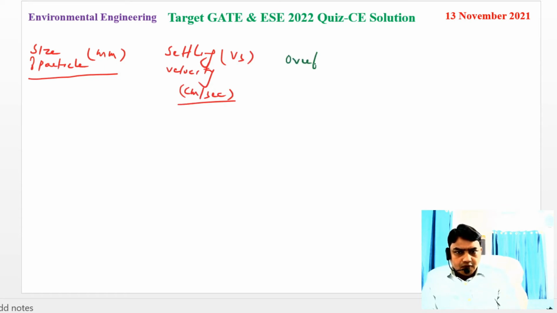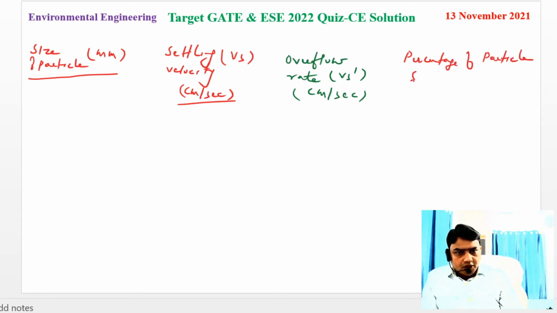So overflow rate Vs dash in centimeter per second, and percentage of particle settling, that is equal to 100 Vs by Vs dash.